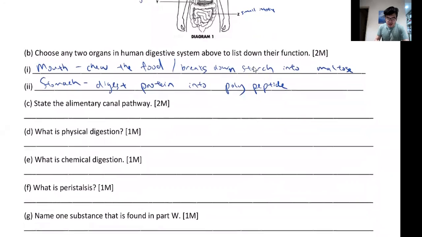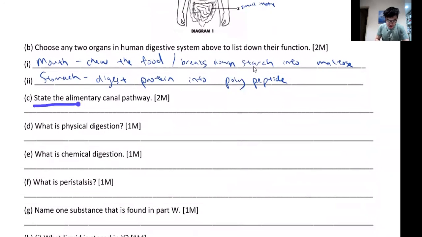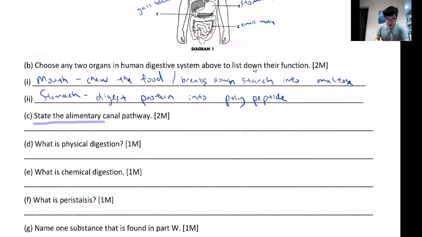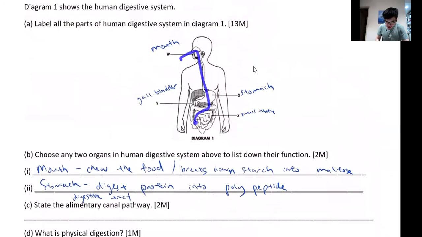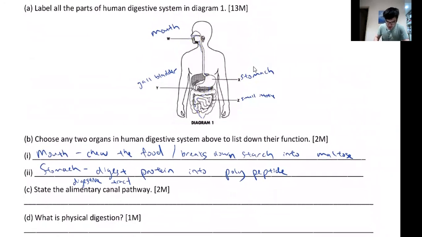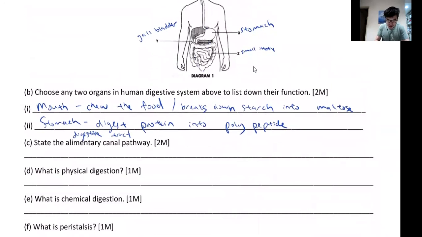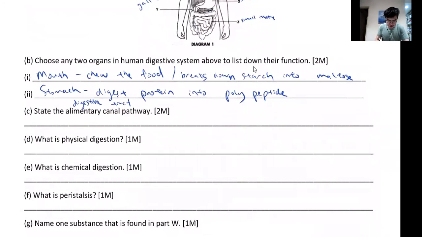Simple as that. Anyway, C, state the alimentary canal pathway. Basically, alimentary canal is your digestive tract, which is this whole thing. Where do you start? You start from your mouth, and then it enters the esophagus.